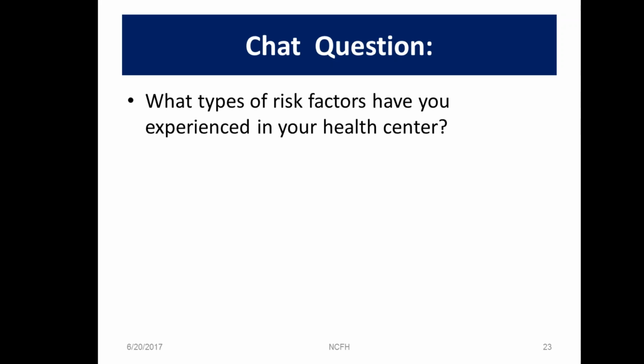So having a protocol, anticipating what those things might be, how you will function in case of a fire, how you will function in case of a power outage, how you will function in prevention of violence in the workplace. All of those are things that have changed over the last 20 years. The risk factors have increased. So those are the kinds of factors that policies and procedures need to anticipate and respond to.